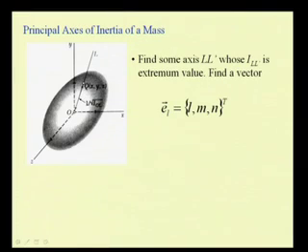So, for some axis, let us say L prime, whose second moment is the extremum value, we are interested to find the direction cosines of that vector.